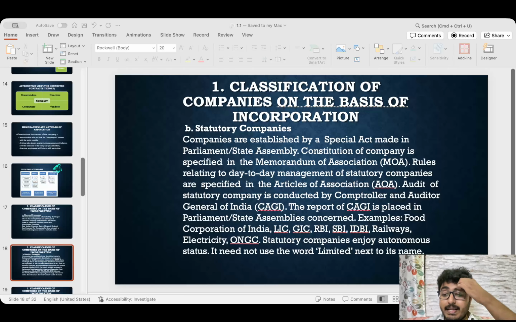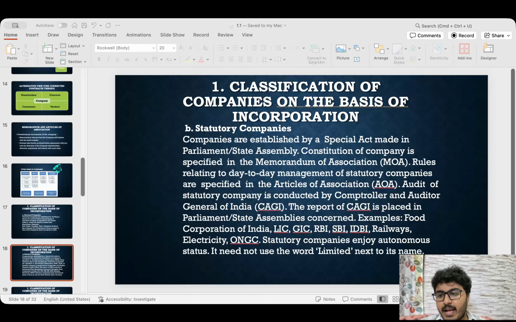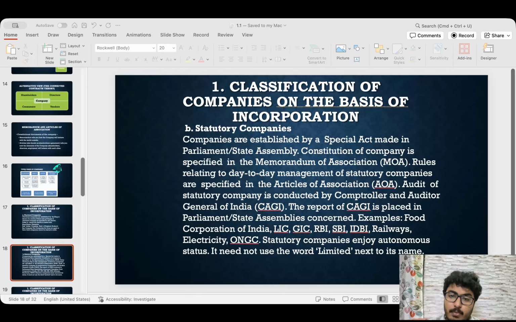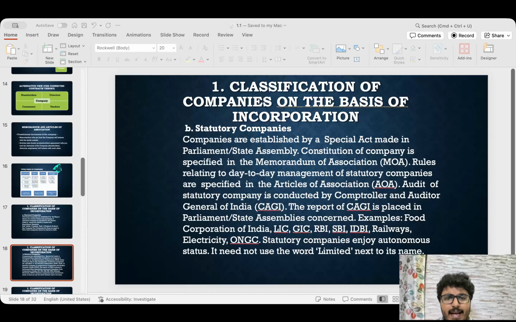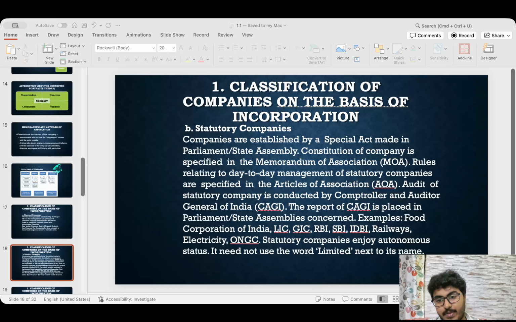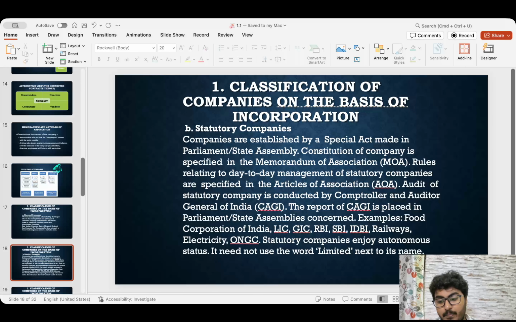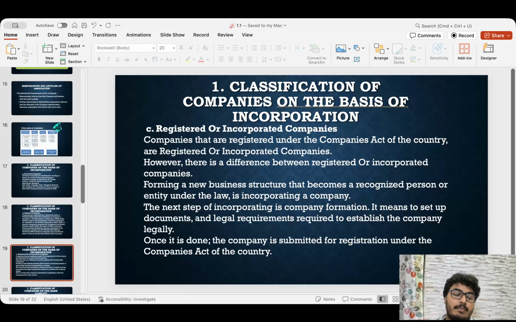Examples include Life Insurance Corporation of India, Reserve Bank of India, State Bank of India, and Oil and Natural Gas Corporation, ONGC. These are statutory companies of India. IDBI, Railway and Electricity are also examples. A statutory company enjoys autonomous status, and it need not use the word limited next to its name.